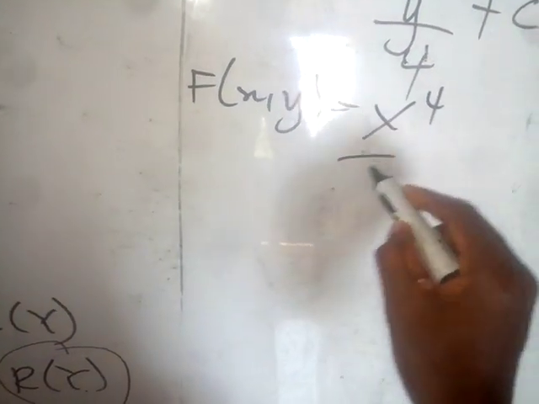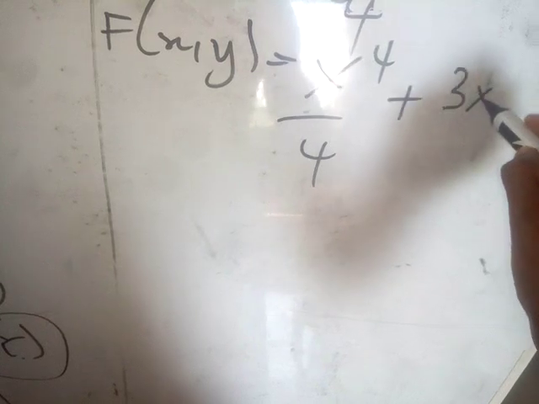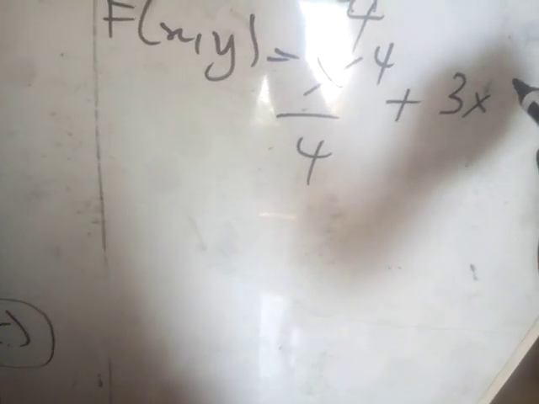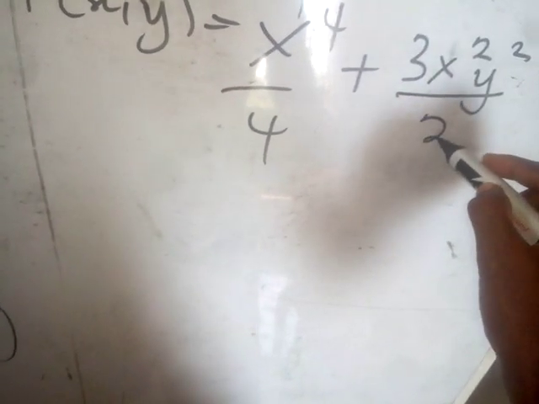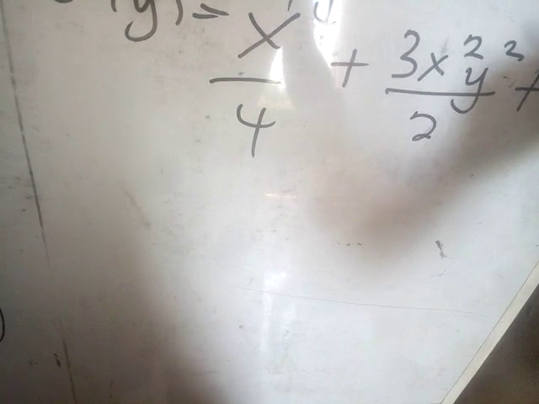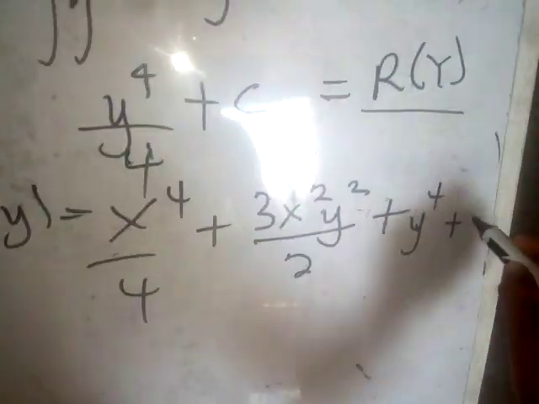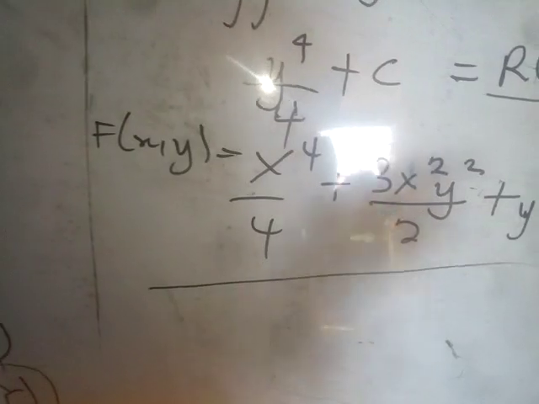It means x to the fourth on 4 plus 3x squared y squared all on 2 plus y to the fourth plus c, and this should be the final answer.